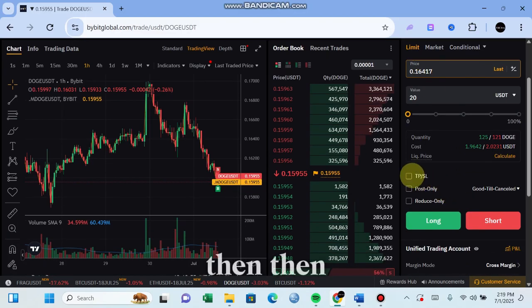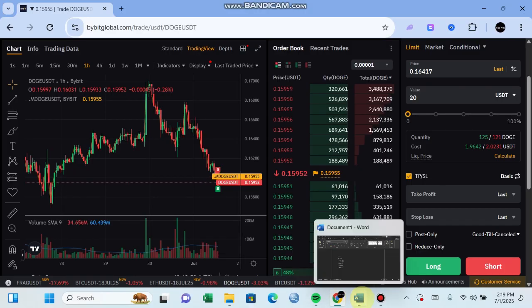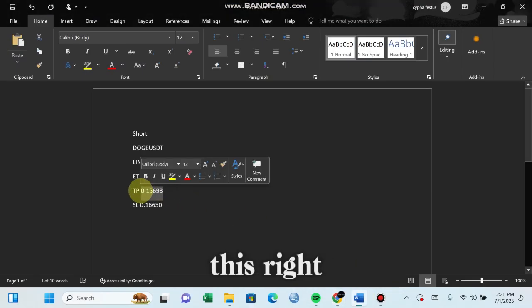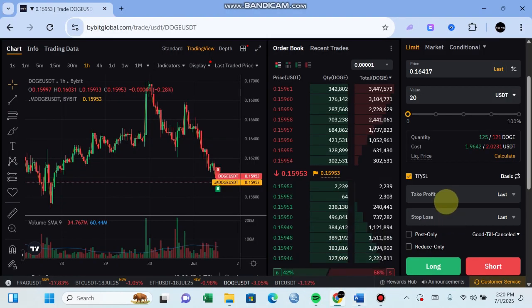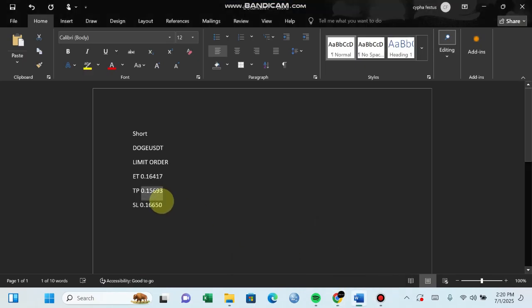Then click your take profit. So come right here, copy your take profit, which is this. Then for your stop loss, come and put in your stop loss.